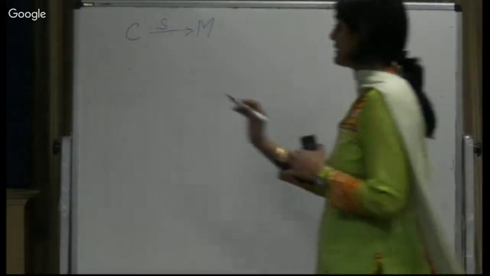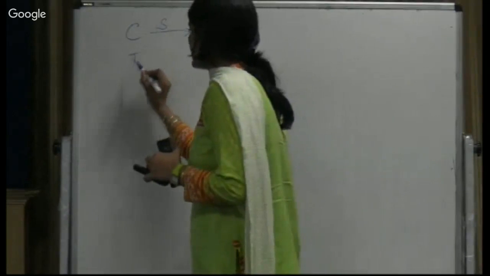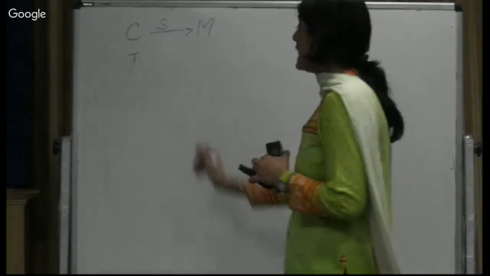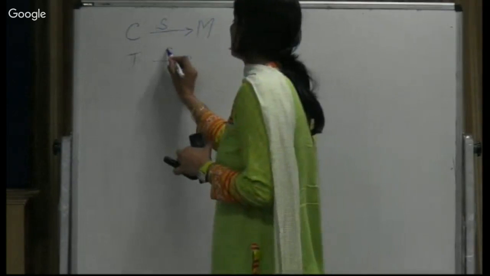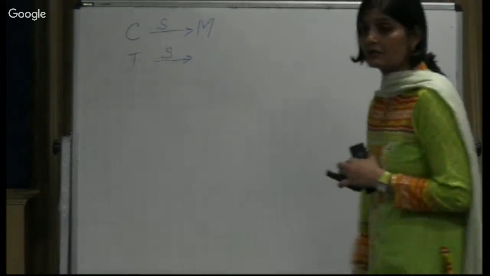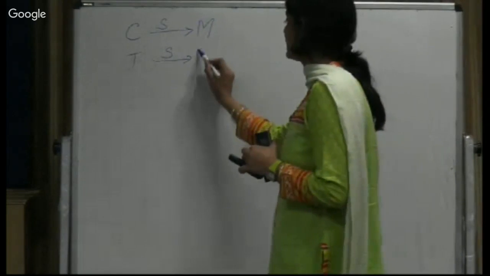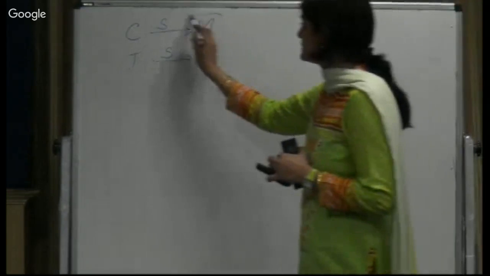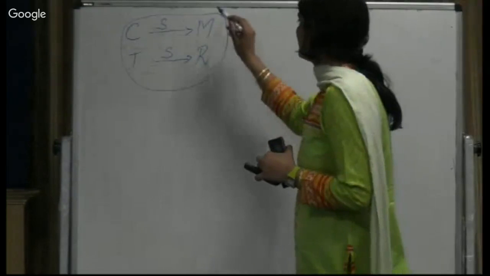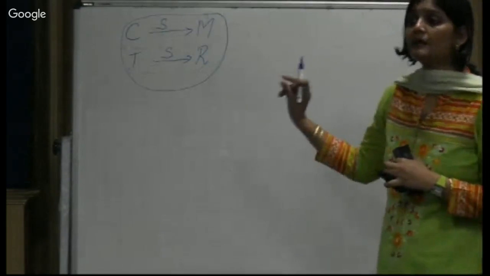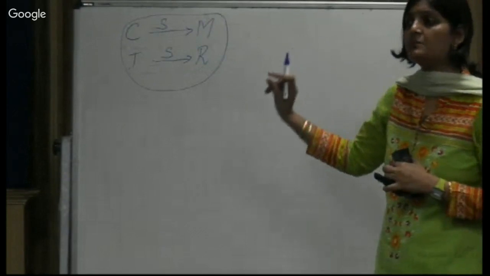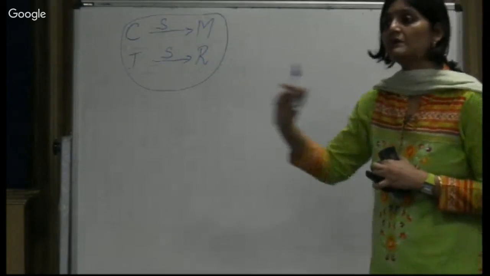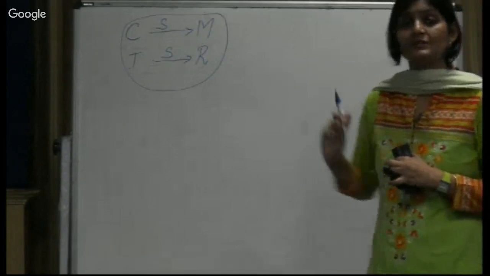Right? Likewise, if you have a trans compound and it undergoes syn addition, it will give you a racemic mixture. So if you can remember this, you can very quickly write the addition products on a carbon-carbon double bond and give their stereochemistry.